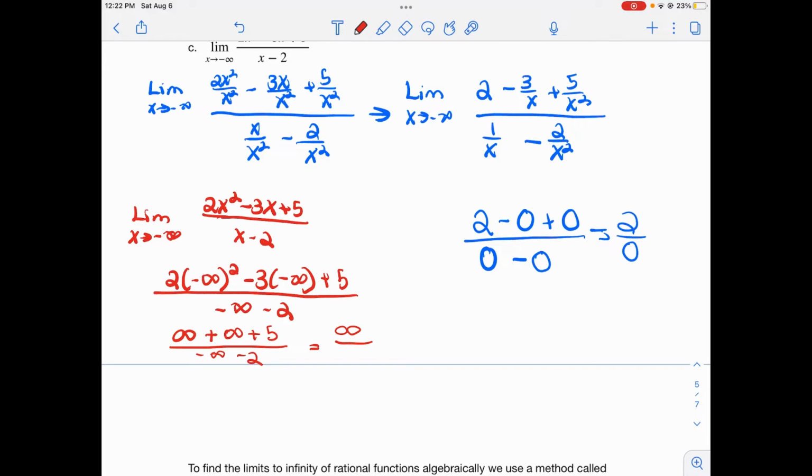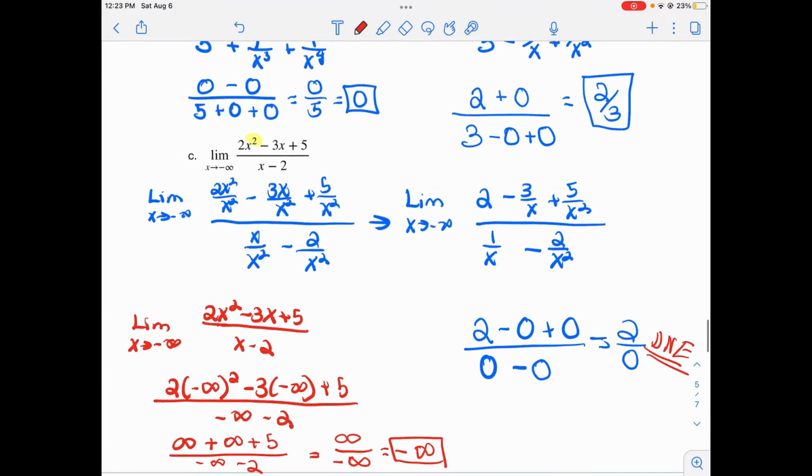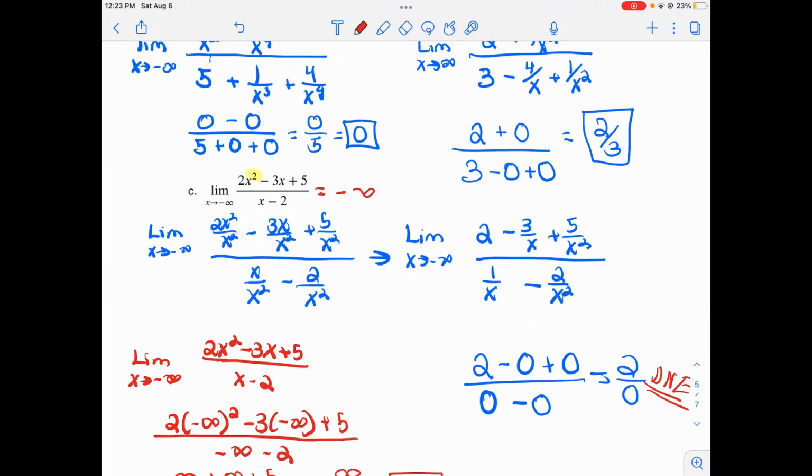Negative infinity minus 2 is still negative infinity. So a positive divided by a negative is negative. So this does not exist, but we need to describe it a little bit better. Now we can say that this is approaching negative infinity as our solution.